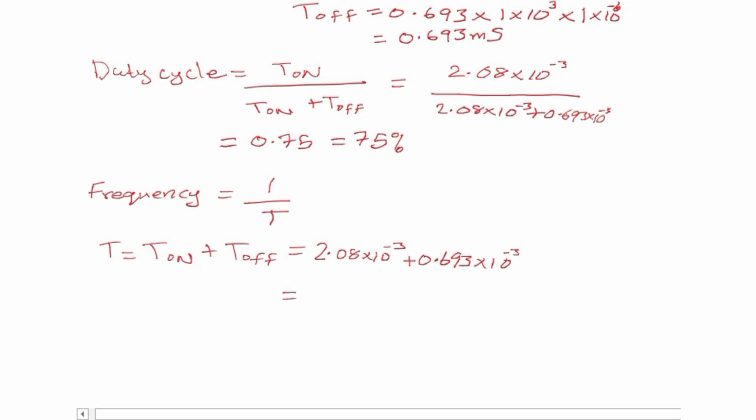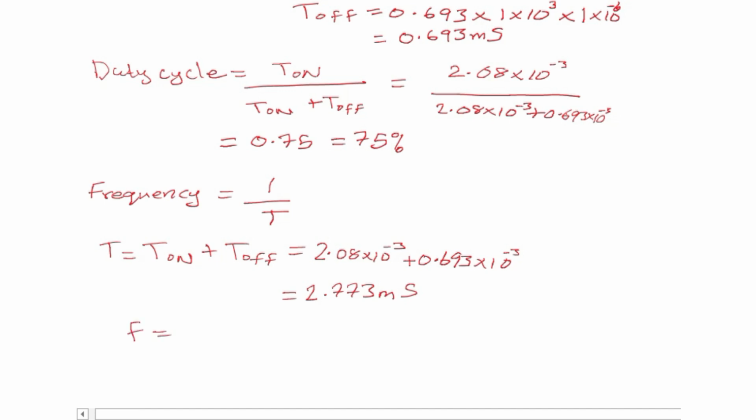You can still grab your calculator and let's calculate the value of 2.773 millisecond.